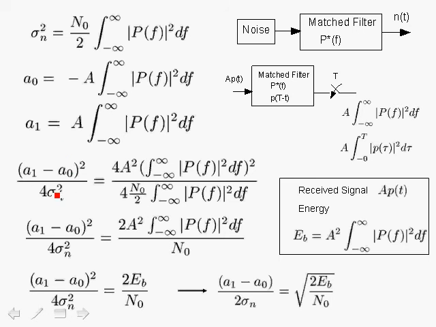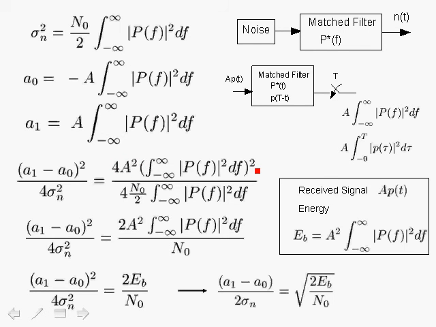So if we do that, since we have 4 times sigma n squared, we can substitute for sigma n squared over here, and this is the expression for sigma n squared. Now a1 minus a0, if you look at this expression here, becomes 2A times this integral, and when we square it, we get 4A squared and the integral squared.